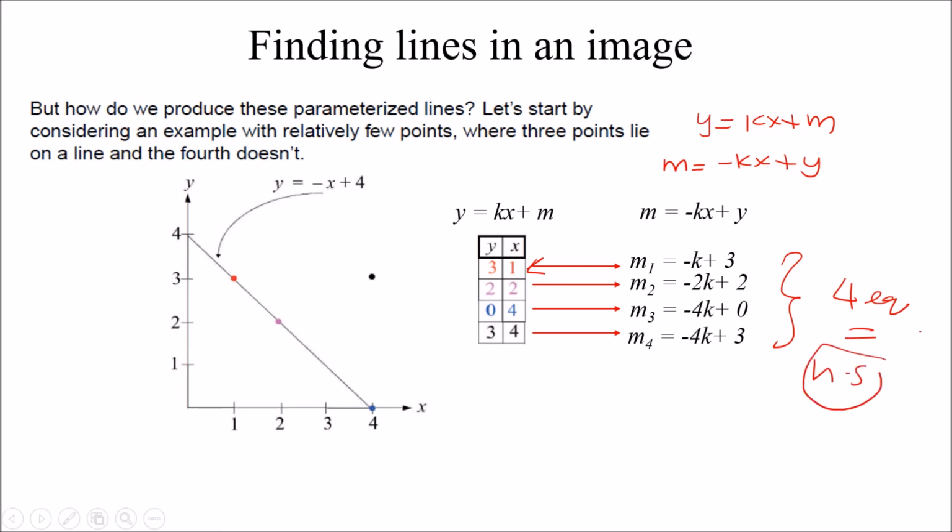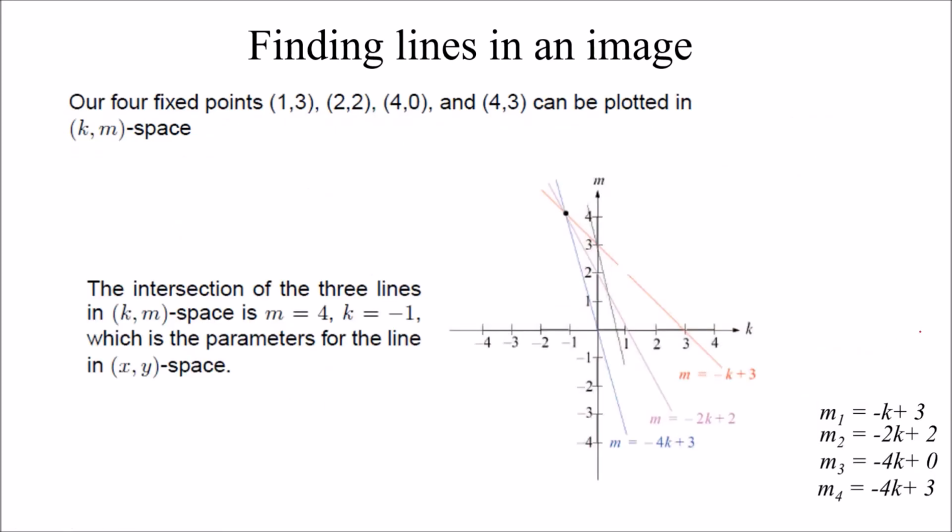So next we plot all these lines into the Hough space. This is the equation that we have calculated, 1, 2, 3, 4, and then we plot these equations of line to the Hough space. So these are all the 4 lines. You can see from here that the lines of m1, m2, and m4 intersect between each other, whereas m3 does not intersect with respect to any line.